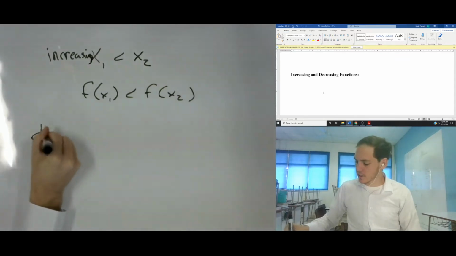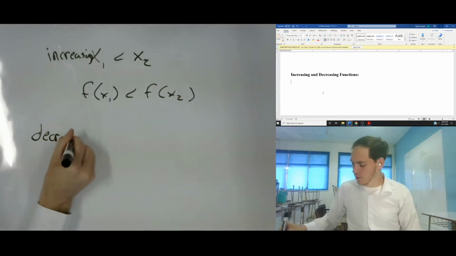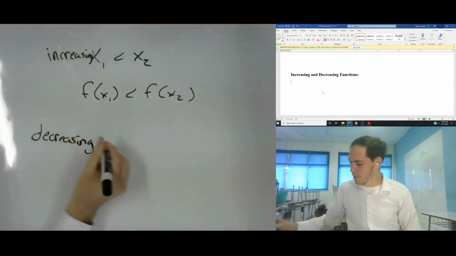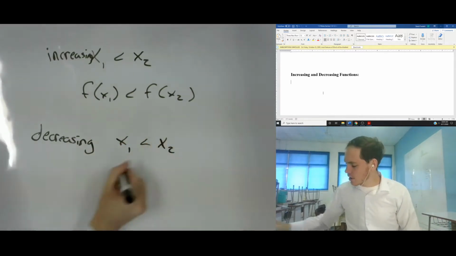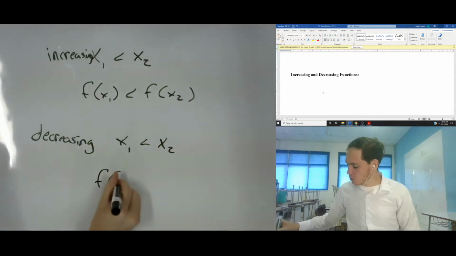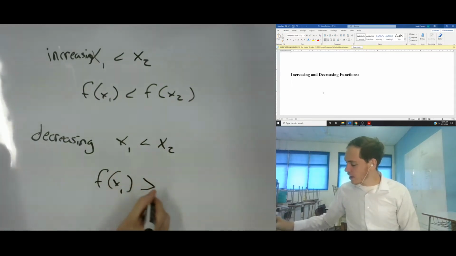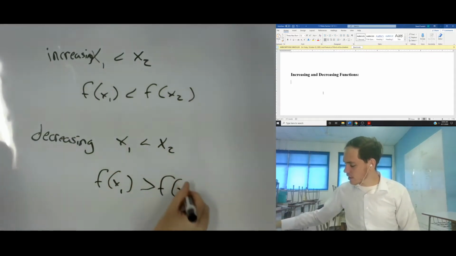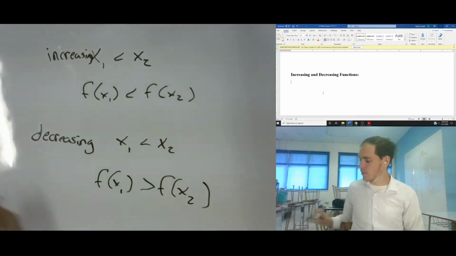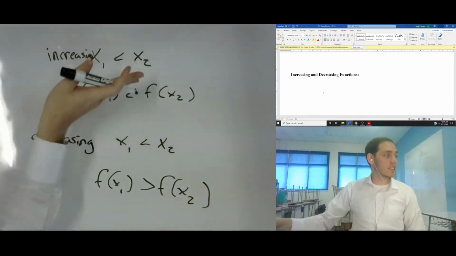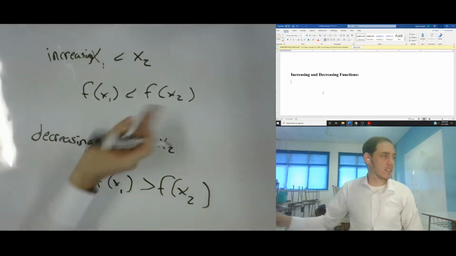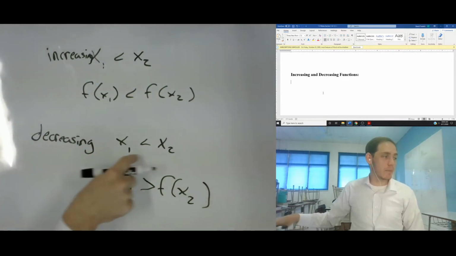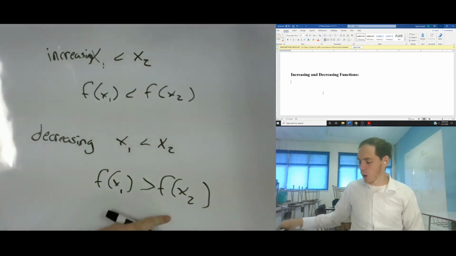So decreasing would be as x1 is less than x2, then our function at x1 will be greater than our function at x2, okay? So increasing means as they go bigger on x, they go bigger on y, and decreasing means as they go bigger on x, they go smaller on y.